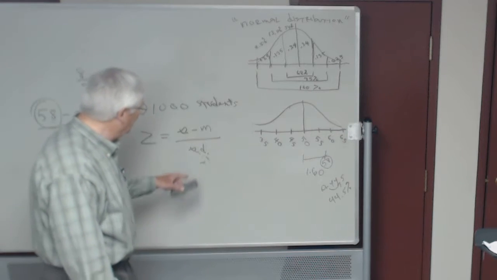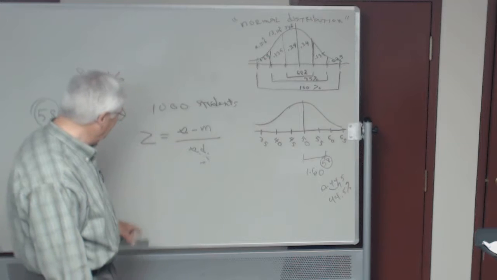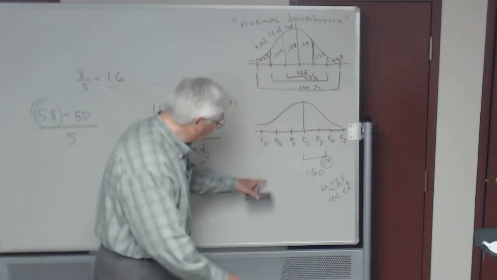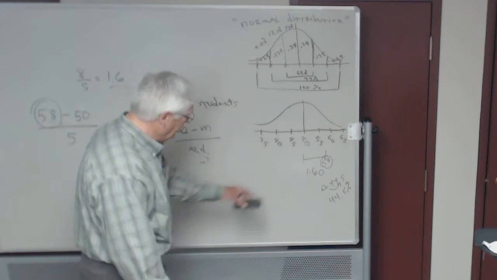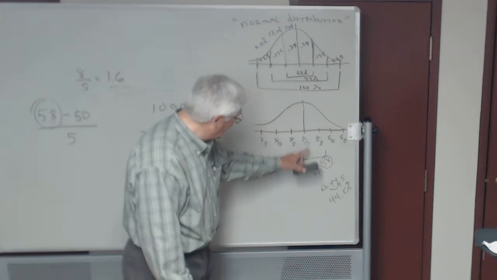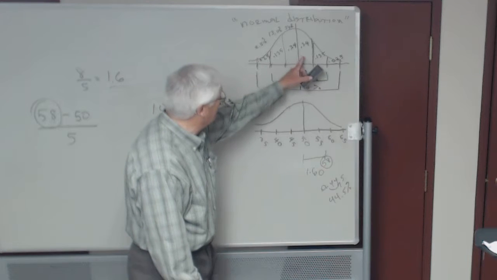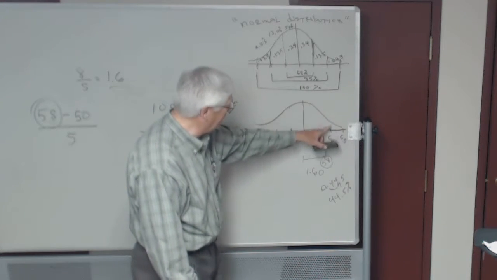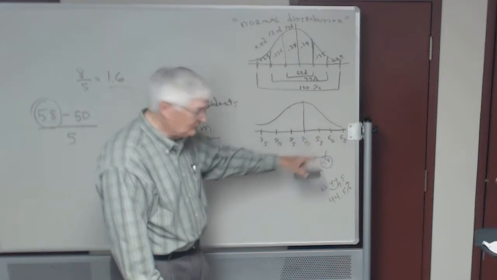Well, wait a minute. We got the z-score. So if this is 1.6 above, then that's 44. 34 plus 13 is 47, but it's not quite to 13. See that? So it's short.